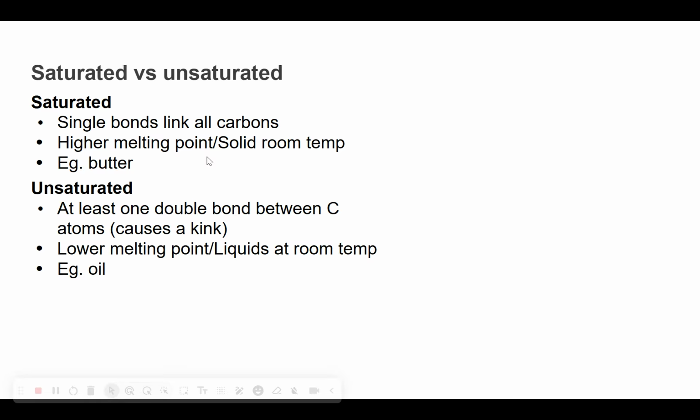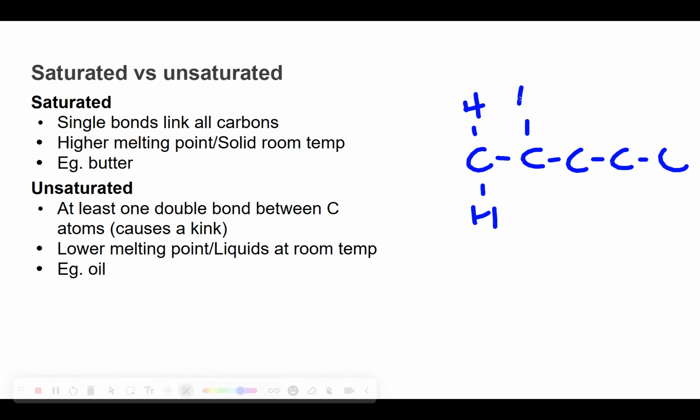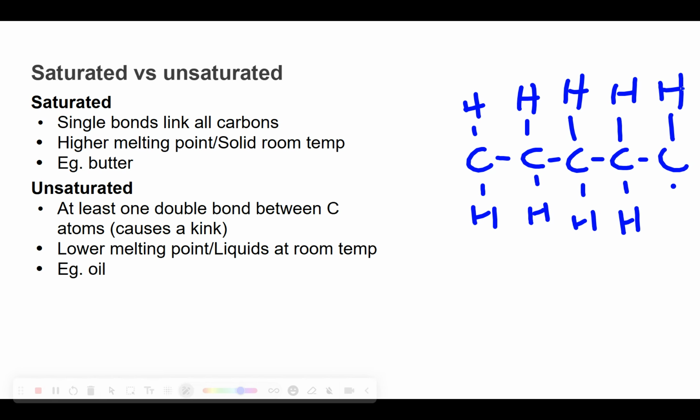If a fatty acid tail is saturated, that means that hydrogen is bonded to the carbon at every possible position. The carbon is saturated with hydrogen and only single bonds exist within a fatty acid tail.